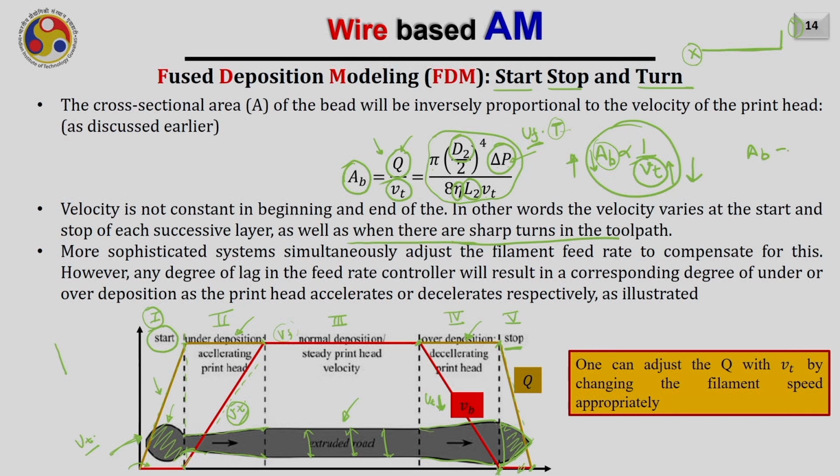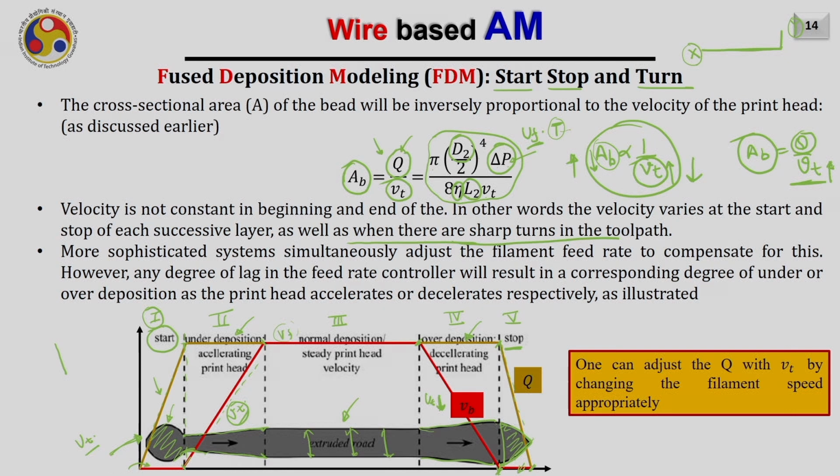So based on the velocity of the traverse head, if the traverse head velocity is going to be less, they reduce the flow rate as well, so that your bead cross section deposited on the bed will remain constant. In other words, mathematically, AB equals Q by Vt. To keep this AB constant, if there is any change in Vt, they make the appropriate change in the Q.